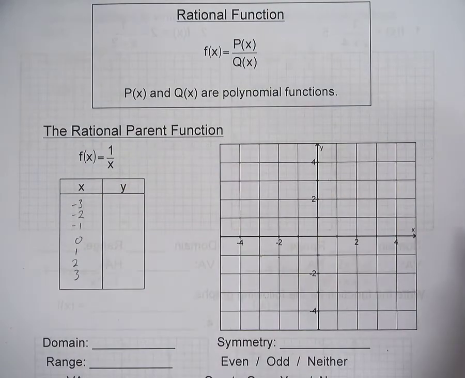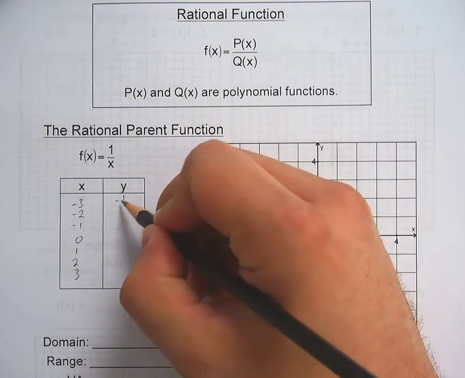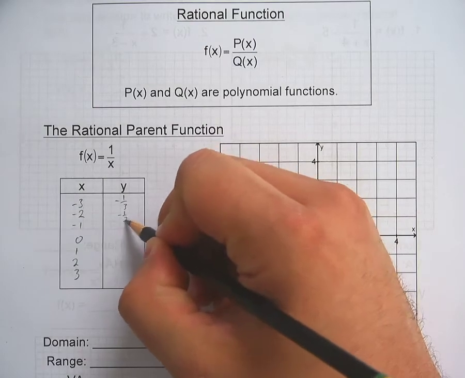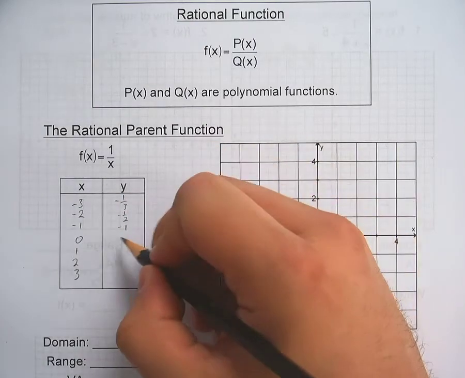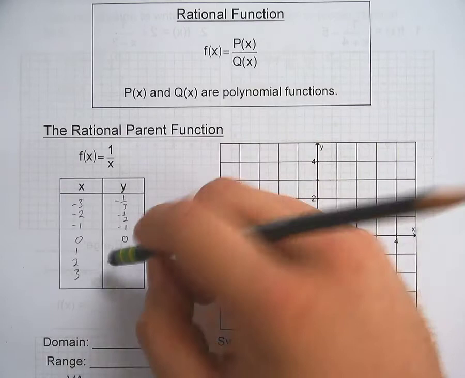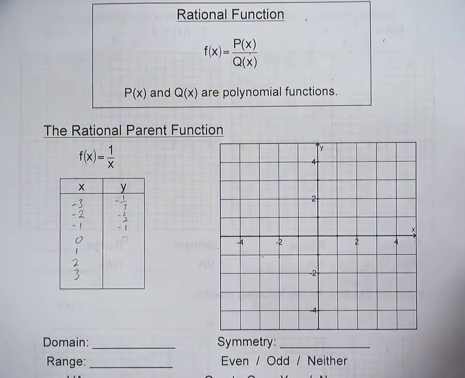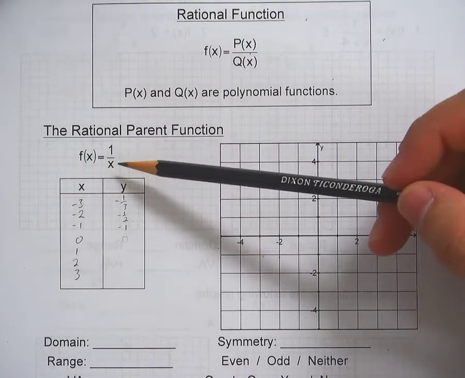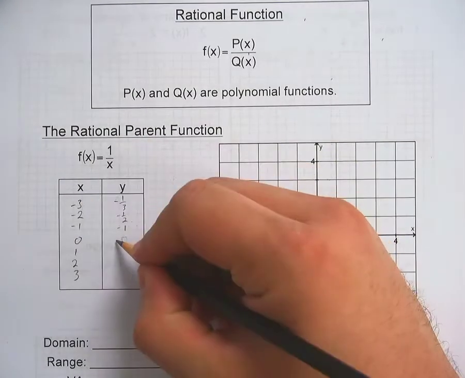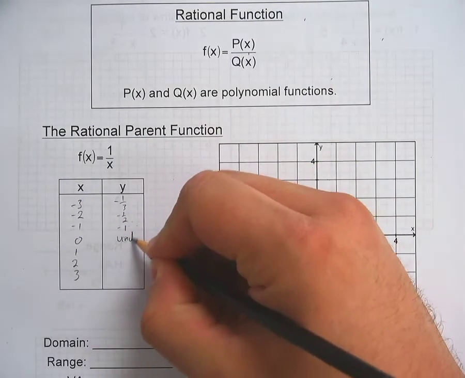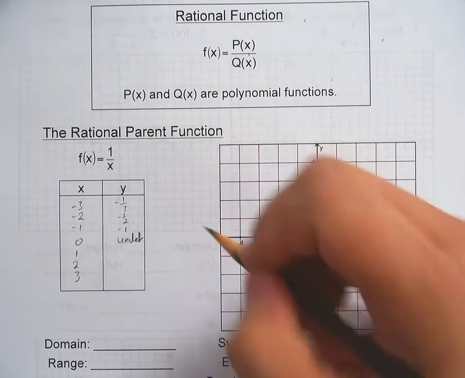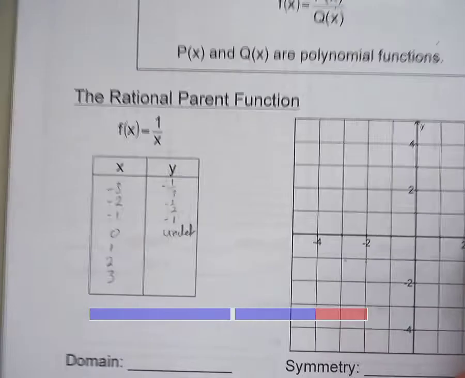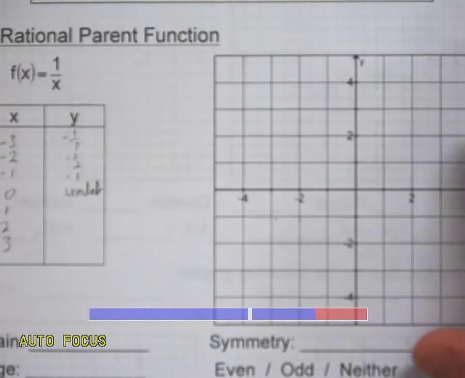If you put these values in, you'll get -1/3, -1/2, -1, and then, excuse me, plug a 0 in for x and we get 1 over 0, which is undefined. Interesting.